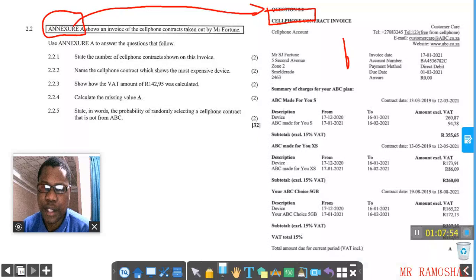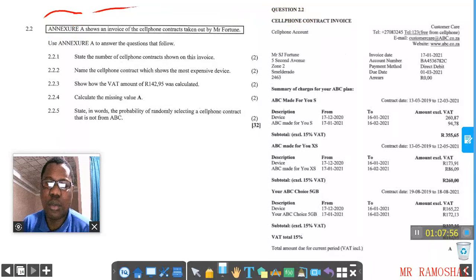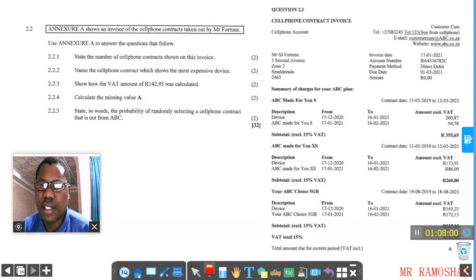Right, now when you look at this cell phone contract here, we have the cell phone account contract, we have the telephone number, the email address, the invoice date, account number, payment method, due date, arrears. Then we have the address here. Then we have the summary.